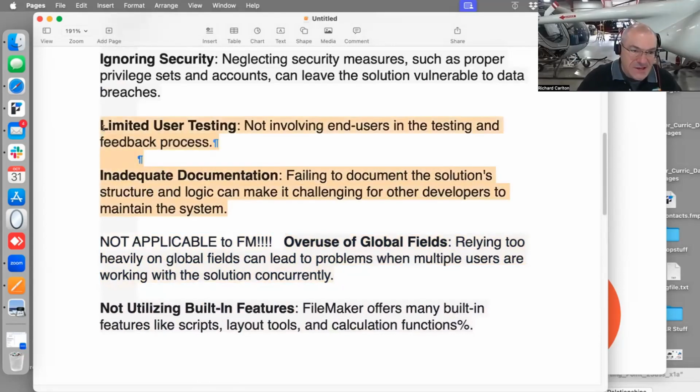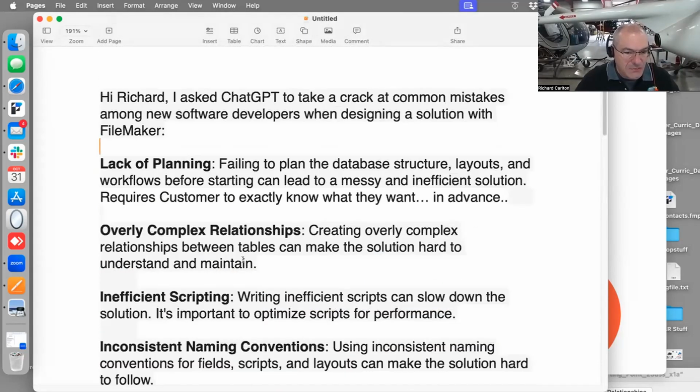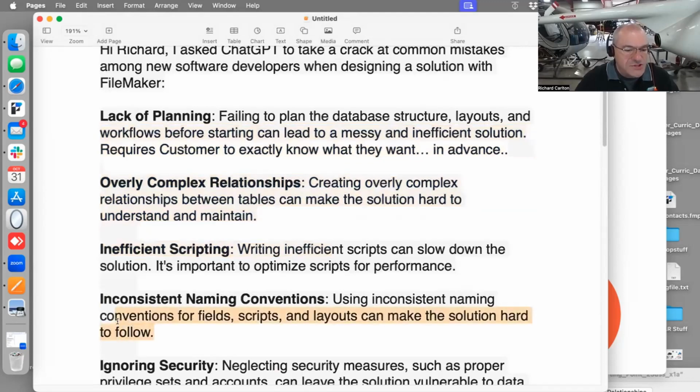Inadequate documentation and not testing, lack of planning, overcomplex, ineffective scripting. We jumped past this one, inconsistent naming conventions. I didn't realize I jumped past this. Listen, if you work for Microsoft and you're part of a team working on Office, like the next version of Word for Windows, you probably need to use a standard set of naming conventions as you code.